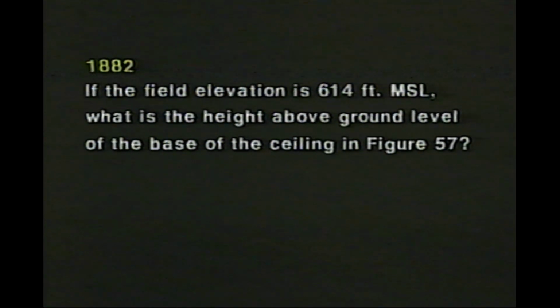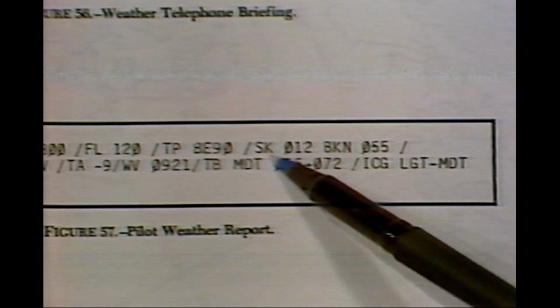Question 882. If the field elevation is 614 feet MSL, or mean sea level, what is the height above ground level of the base of the ceiling in figure 57? Remember, a ceiling is defined as the lowest layer of clouds that's broken or overcast. So we need to find the lowest layer that is either broken or overcast, and on that pilot report it says the sky conditions are 1,200 feet broken.